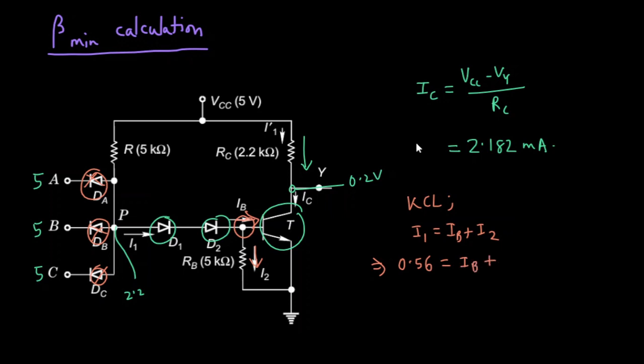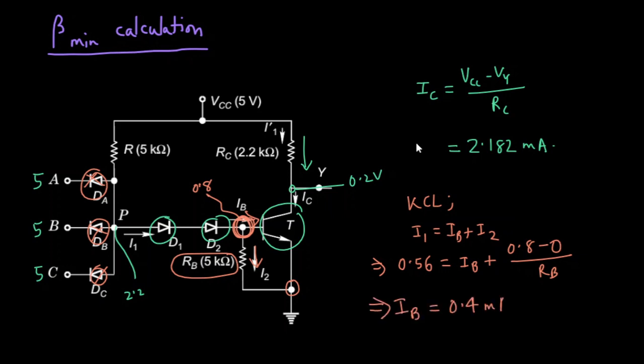We have to calculate IB, and what is the value of I2? The I2 current flows through the RB resistance, and what is the voltage across this RB resistance? We already know the node voltage of this node. We have assumed the transistor T operates in saturation, so the node voltage of this node will be 0.8 volt. So I2 will be 0.8 minus the voltage of the other node, that is 0, divided by the RB resistance. So we can calculate the value of IB to be 0.4 milliampere.